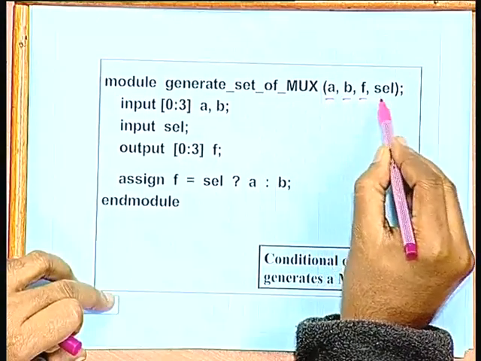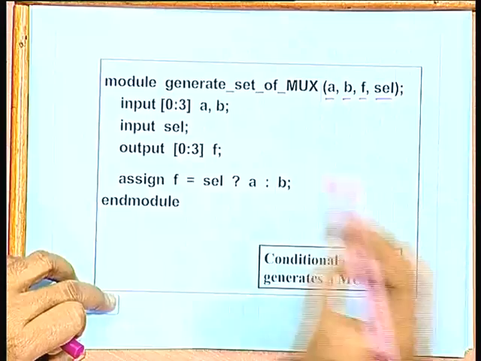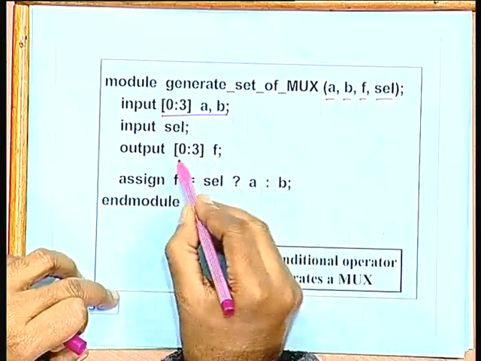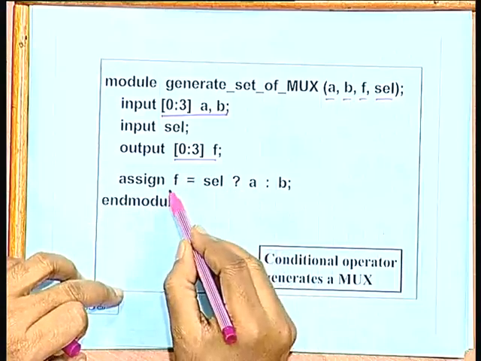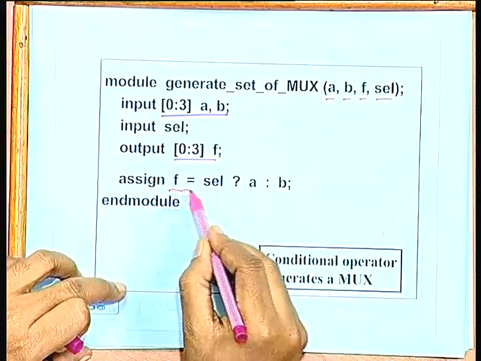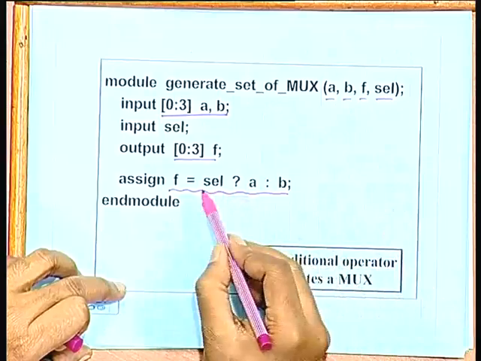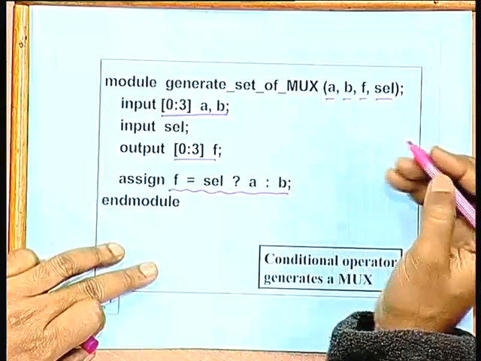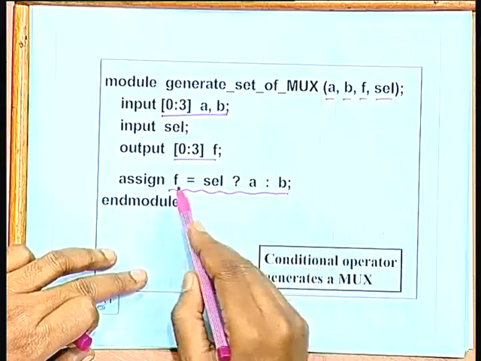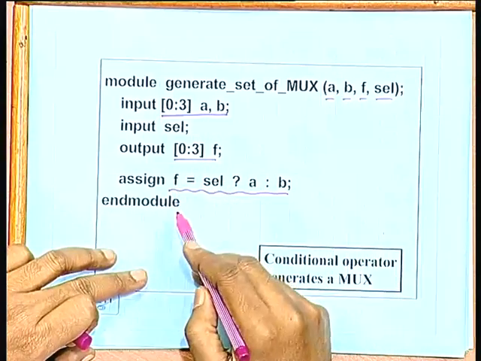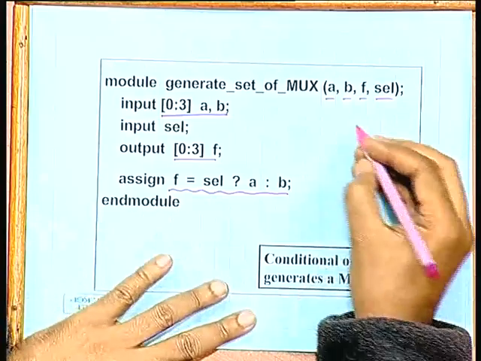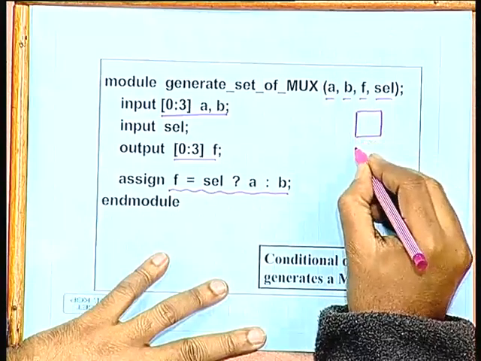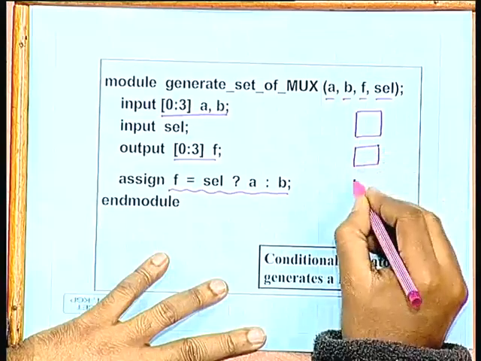A, B, F and select, these are the 4 parameters, where A and B are vectors of size 4, F is also the same, and we are giving an assign using an implicit if statement, if select then A else B. So, effectively what we are saying is that, see, this A, B, F, these are all vectors of size 4. So, in this case what will happen, the synthesizer will be synthesizing 4 multiplexers, not 1.